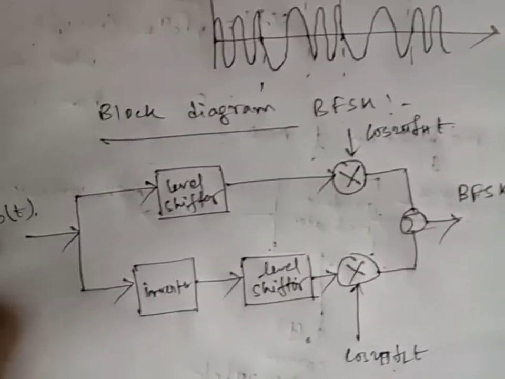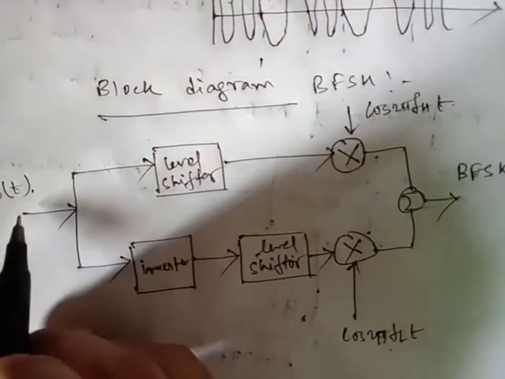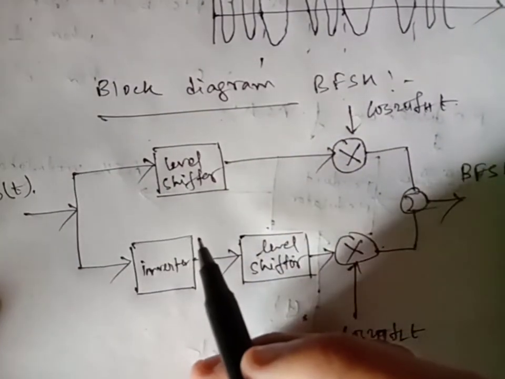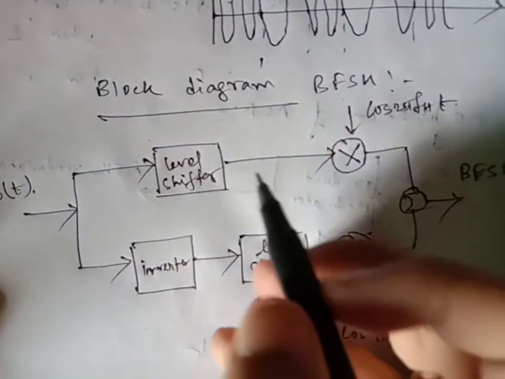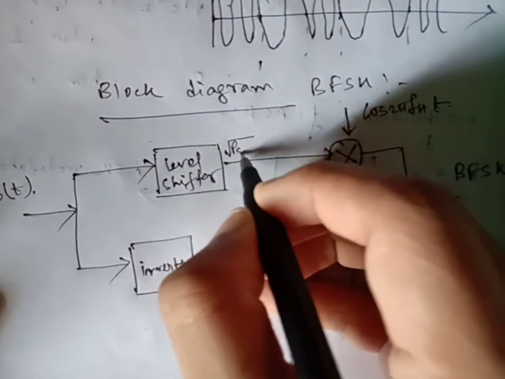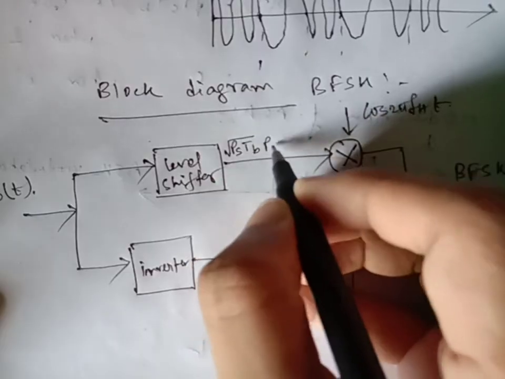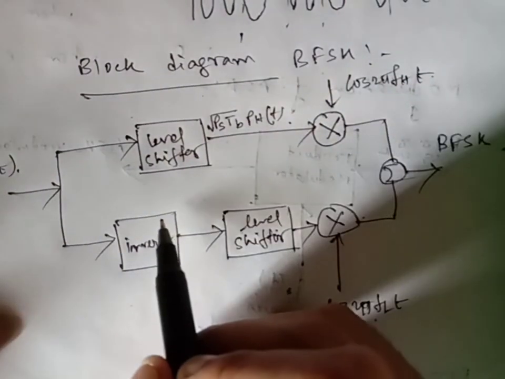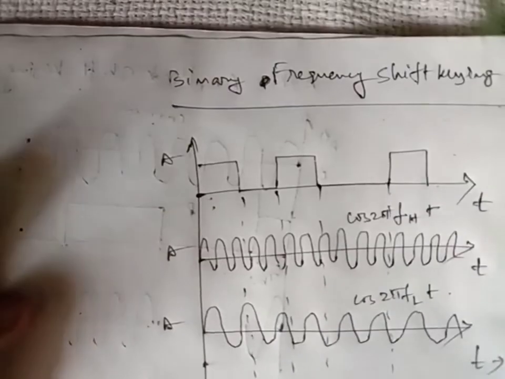So how is it working? Here, of the binary input sequence, one part is directly given to the level shifter. After the level shifter it will be like root under P_S T_B into phi_h(t), right? P_S is the power of the signal and T_B is the bit time period.